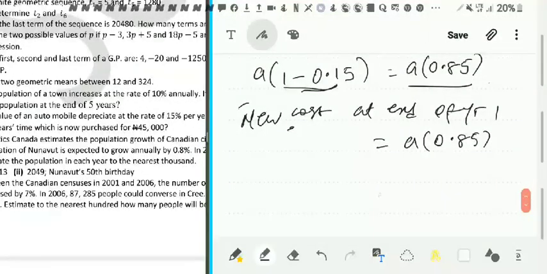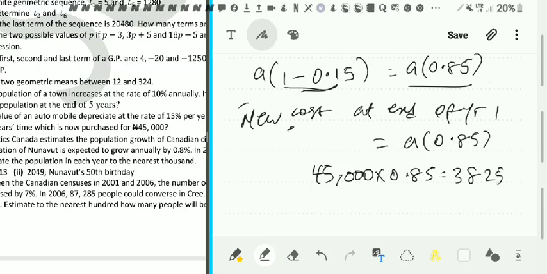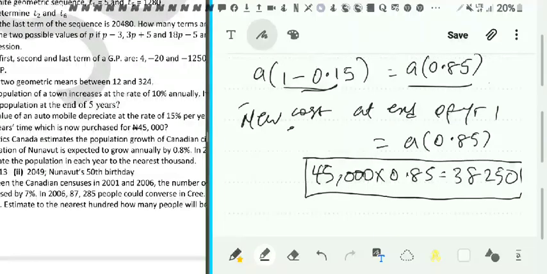That will be 45,000 times 0.85, giving you 38,250. But this is just an aside. This is supposed to be the money you get if you remove 15% from 45,000 at the end of the year: 38,250.